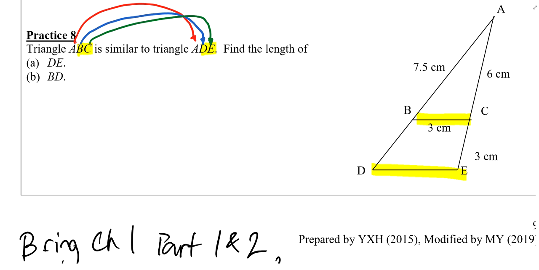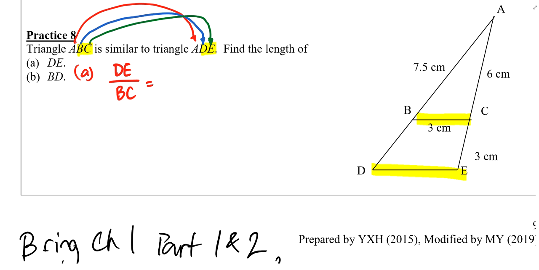So this must have a ratio. Since I am looking for DE, I like to put it in my top left. So DE divided by the corresponding side of BC must equal another side of the big triangle divided by a side of the smaller triangle.